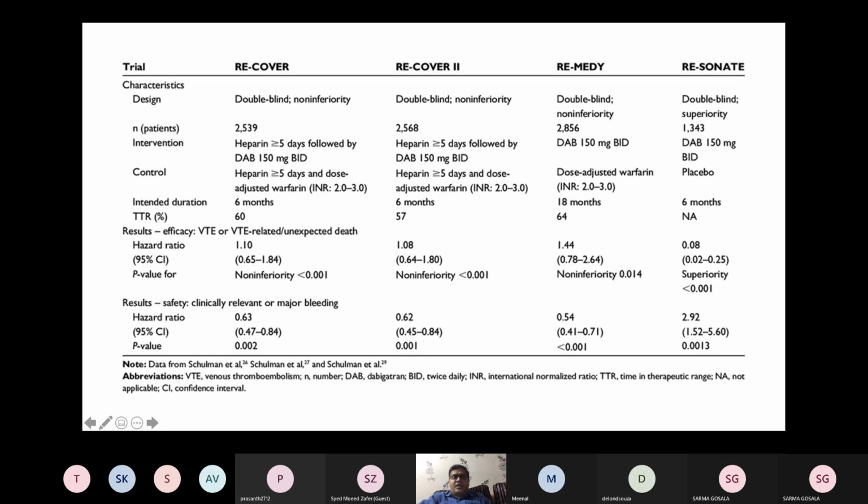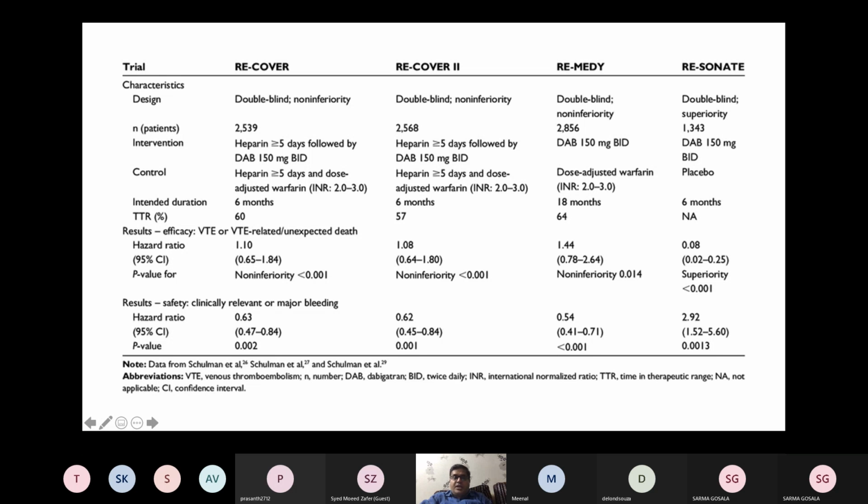Again, all these trials showed that dabigatran, as compared to, in these two trials, heparin, whereas the RE-MODEL trial was compared to warfarin, and the RE-SONATE trial was compared to placebo.